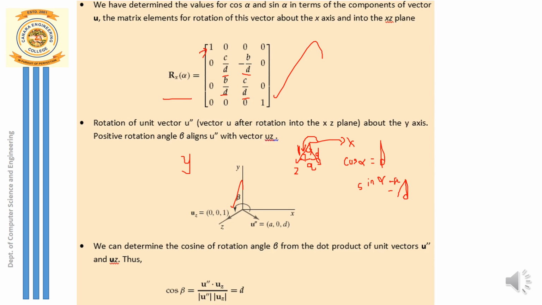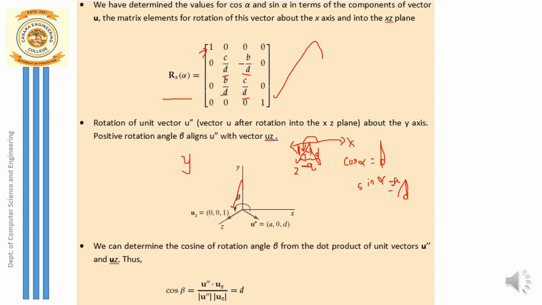One more important thing here is that since this is the rotation along y-axis, the angle comes in this anti-clockwise direction. So when it comes to the x-axis, I am not considering the positive x-axis, I am considering the negative x-axis. So the x component of the vector becomes minus a.